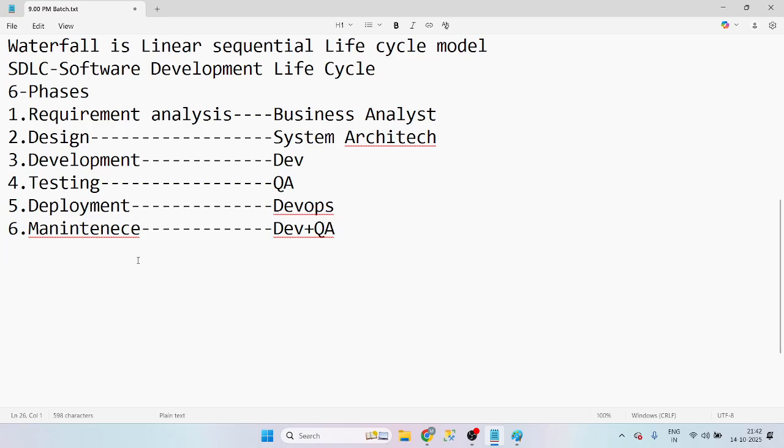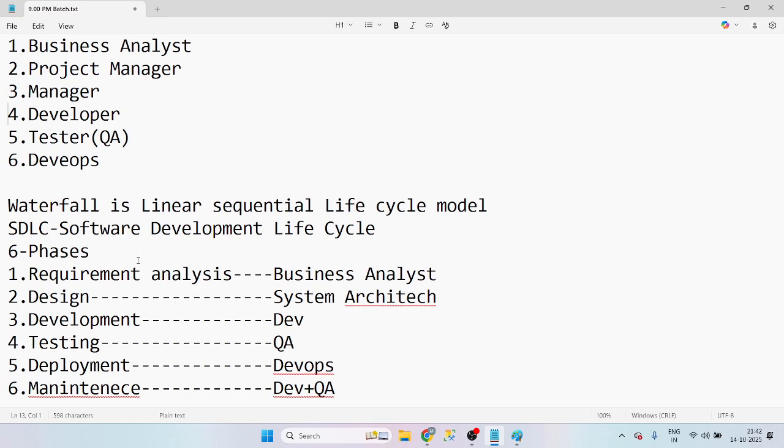There are a lot of technologies and implementations, but as per scrum, these are the 100 percent for us. In waterfall methodology, yes.